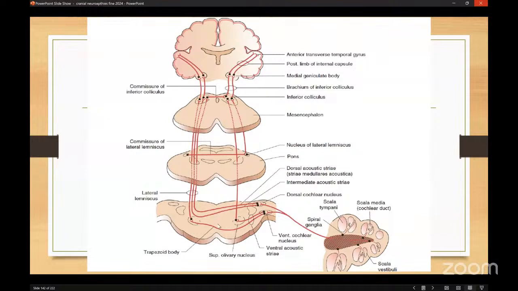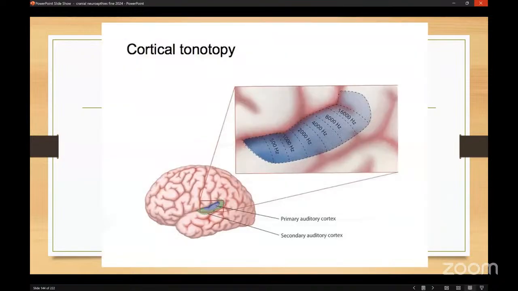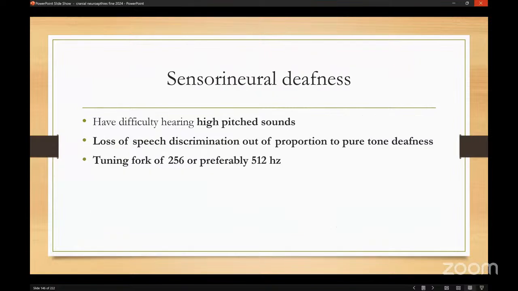So that is why in the brainstem, if a unilateral lesion happens, usually the hearing loss is not so significant. Even in the cerebral hemisphere, there has to be bilateral involvement to cause a significant hearing loss. You should know how to classify hearing loss as mild, moderate, severe, or profound.